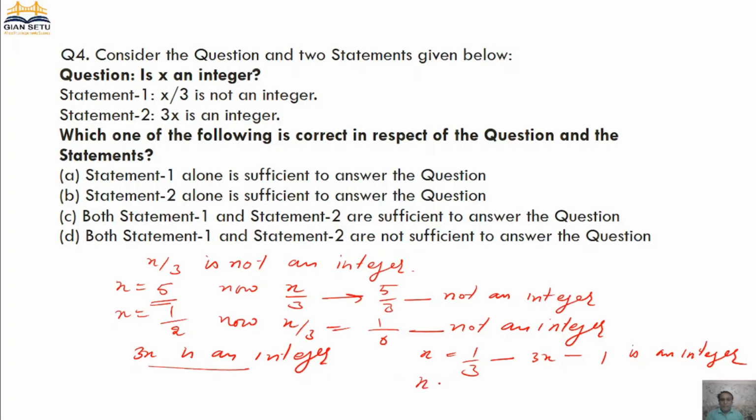But when x is equal to, say, 2, 3x will be 6. It is also an integer. So in this case also, we cannot say with certainty that x is an integer, because we have taken x as an integer and x as a non-integer, right? So we cannot solve this question even with the help of the second statement.